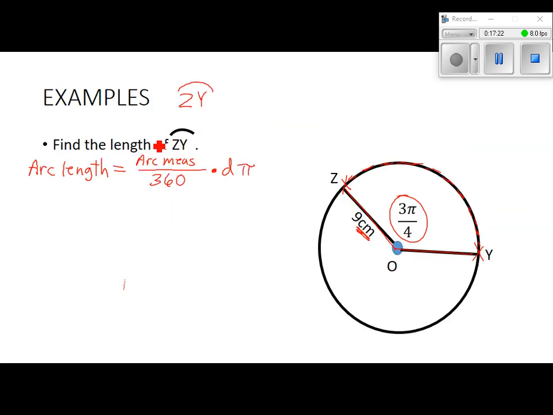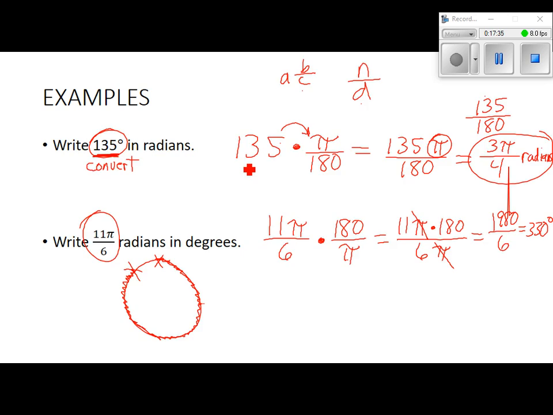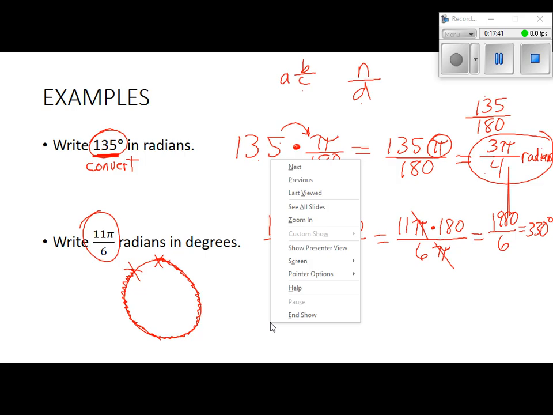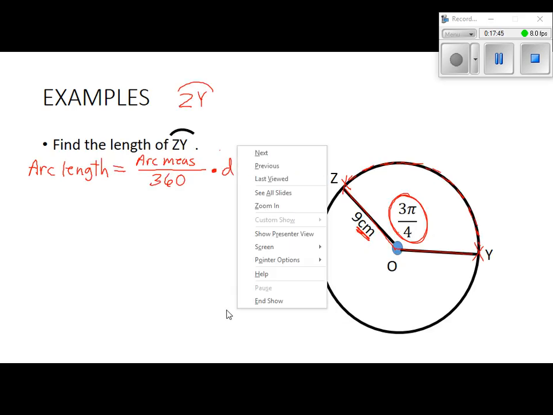So the first thing here, if I'm going to use this formula, I'm going to change this into degrees. And it's 3 pi over 4. Well, we just got done doing that, I think. 3 pi over 4 was 135 degrees. To change that, same idea.